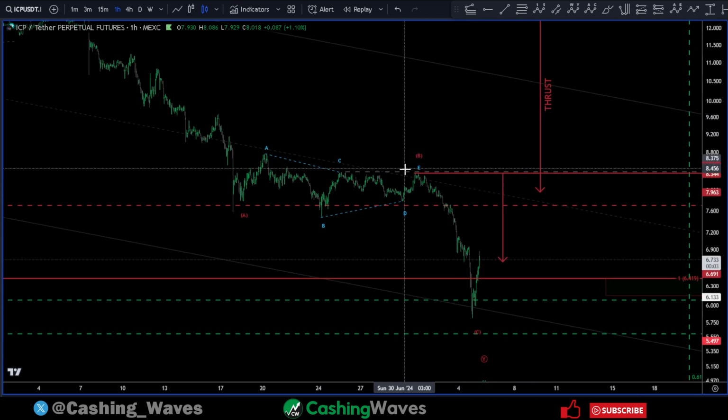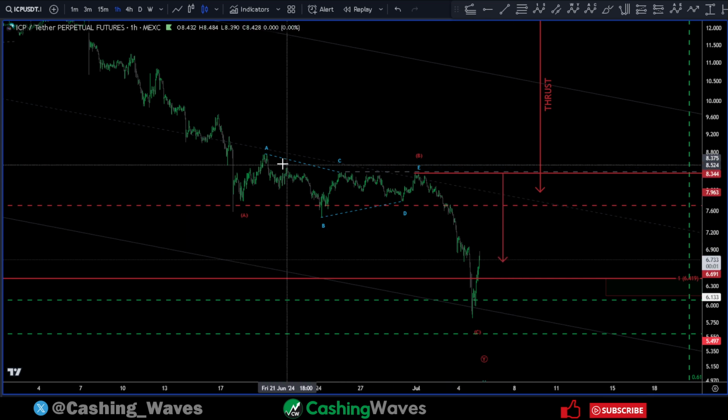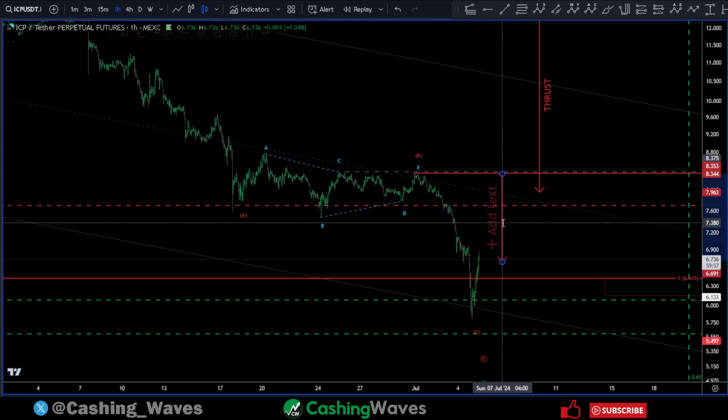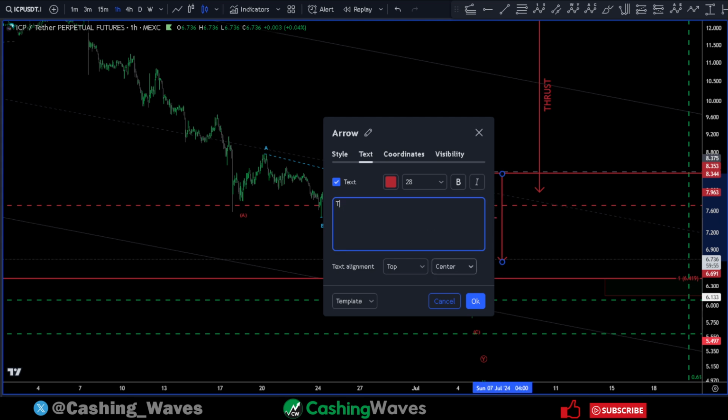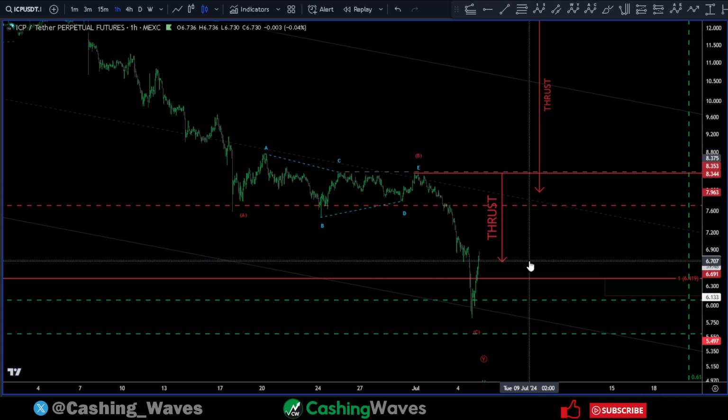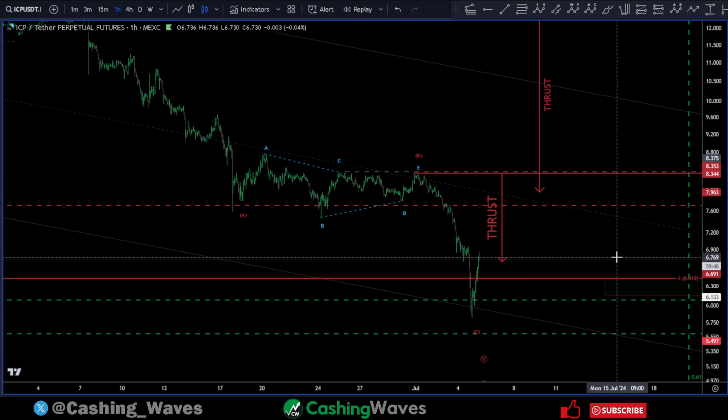So at that point, I measured the thrust, again, pulling the A wave and the B wave extended back, take the measurement, that's right here. So our target for that was 669.1, and we came through that.